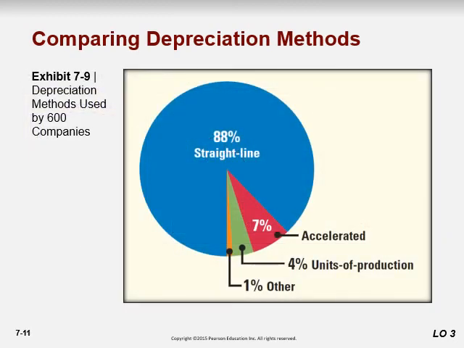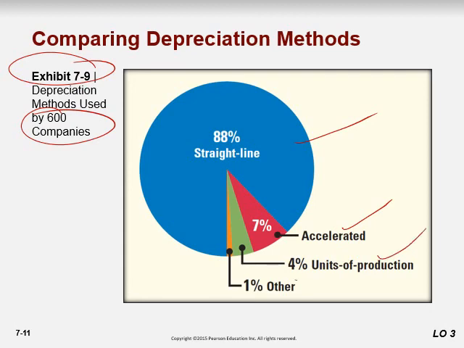Exhibit 7.9 of your book chapter shows the depreciation methods used by the 600 most prominent companies of the world. 88% use the straight line method, 7% use the double declining method, and they would mostly be tech companies, and 4% use the unit of production method. Other methods are about 1%.